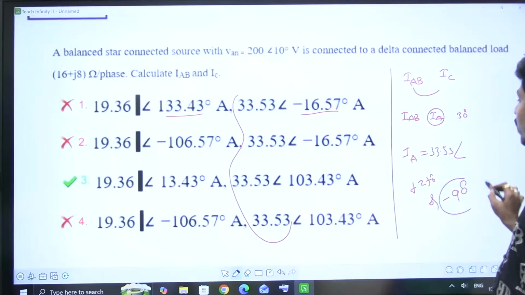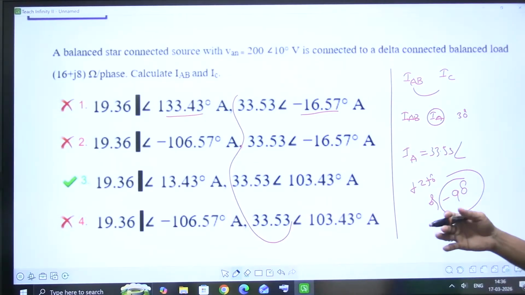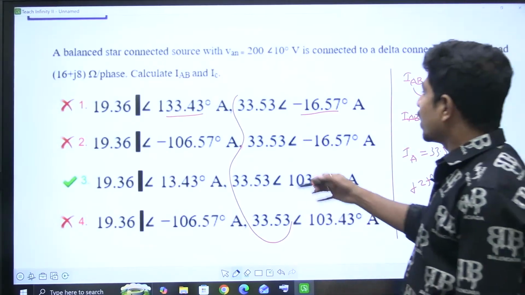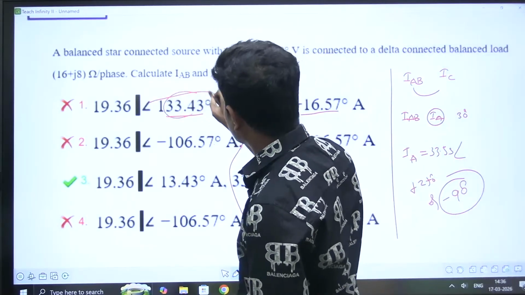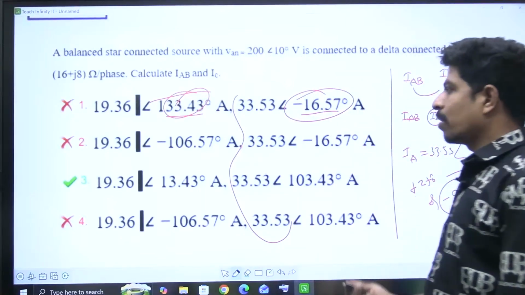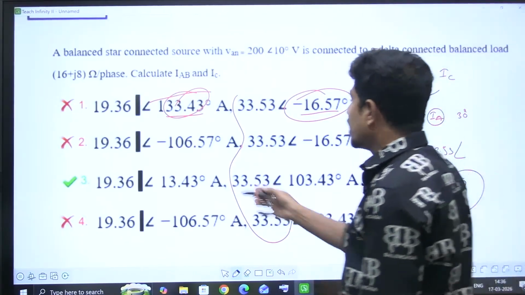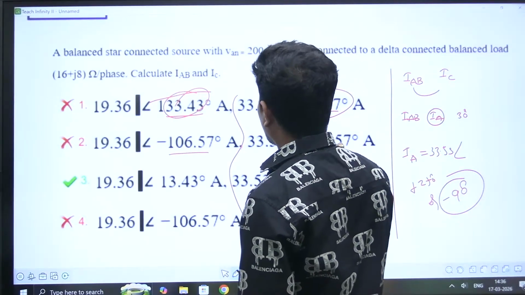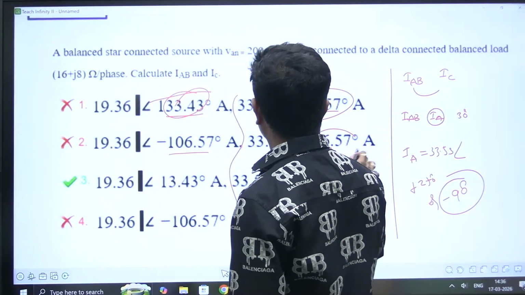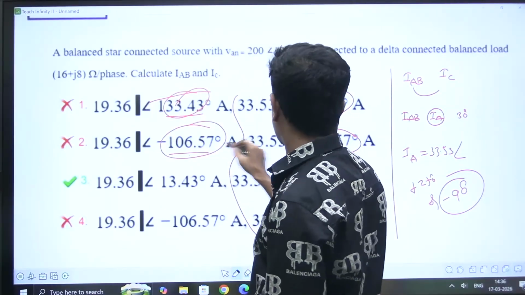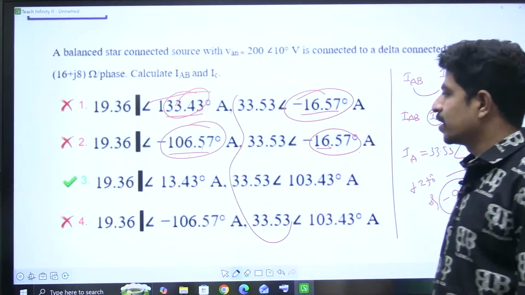Either the angle difference should be 90 or 270, that is plus 270 or minus 90. Here, yes, this angle is 90. This angle is 90. We are getting it.